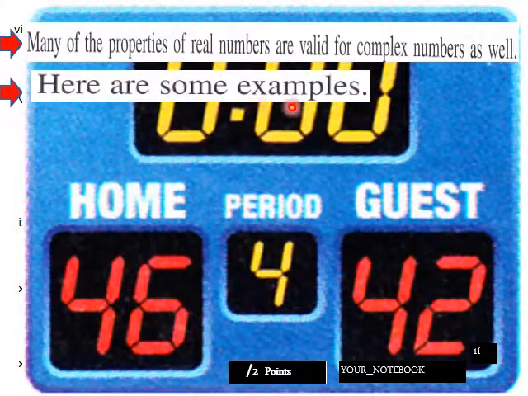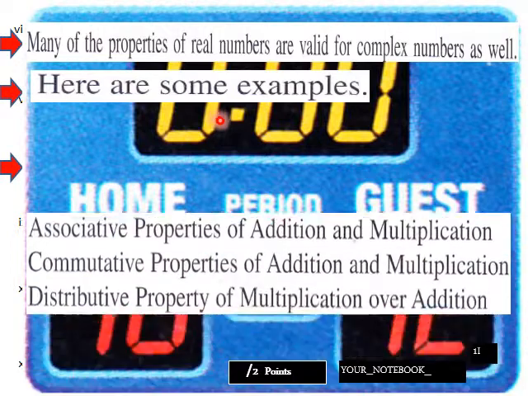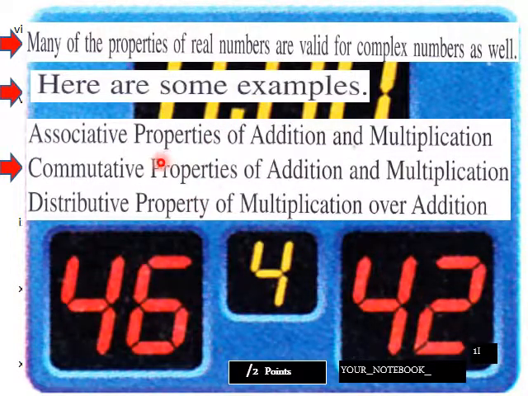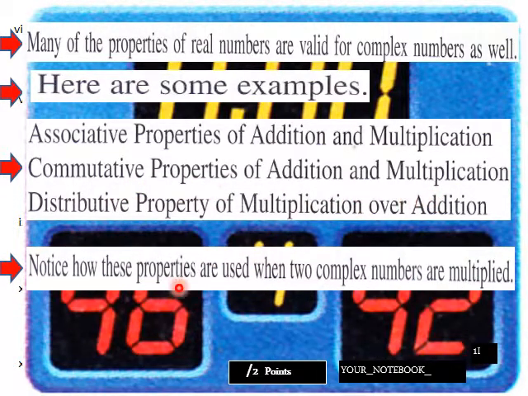Okay, many properties of real numbers are valid for complex numbers as well. Here are some examples. So we have associative properties of addition and multiplication, commutative properties of addition and multiplication, distributive property of multiplication over addition. Notice how these properties are used when two numbers are multiplied.